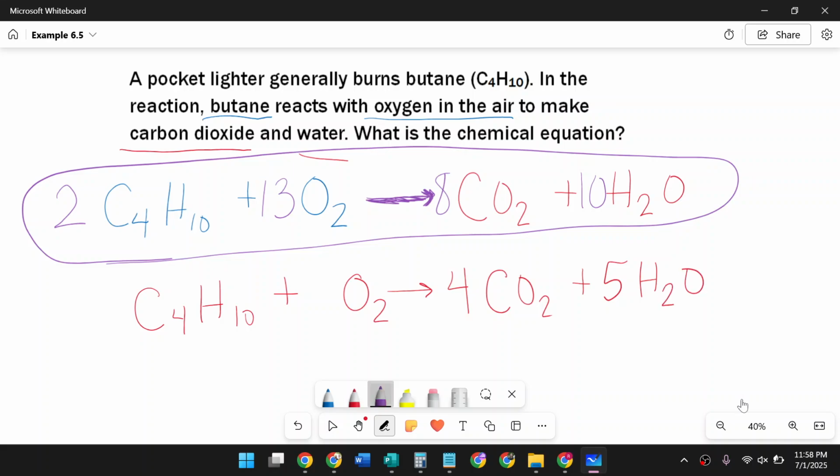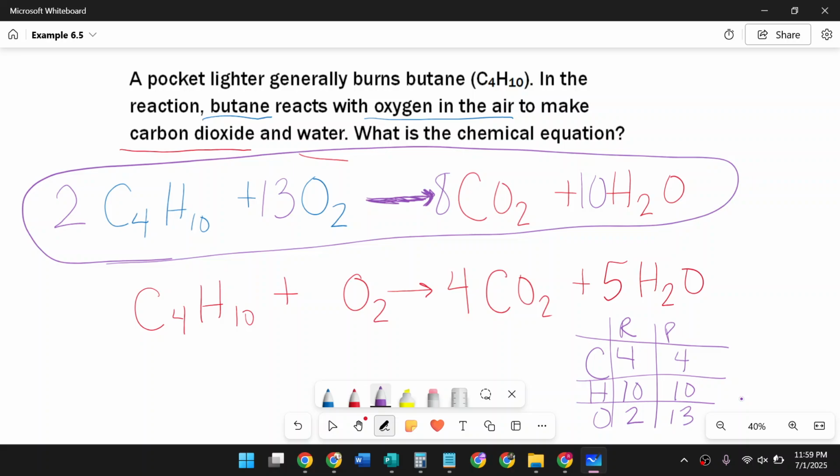When we got to this step and we started counting our carbons, our hydrogens, and our oxygens, on this side we had 4 and 4. I'm going to just fill in these numbers quickly. 10 and 10, 2 and 8 plus 5 is 13. At this point, the problem was where we did the doubling thing to get our reactants and our products to be easier to deal with.